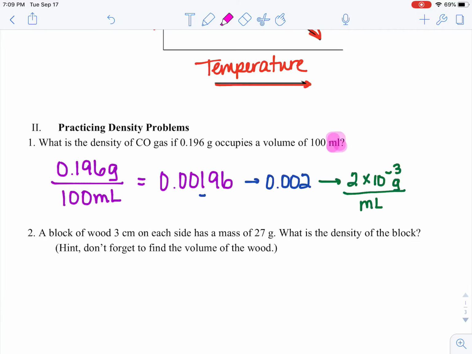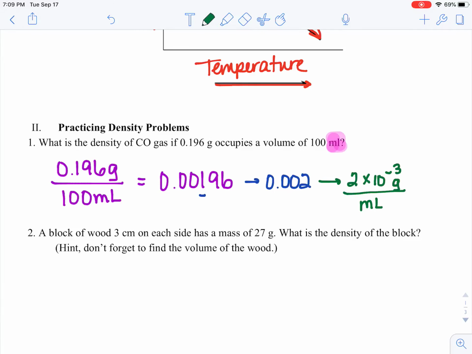In the first example, we can also use this to determine the density of an irregular solid. If I can't measure the length, the width, and the height of a solid because it doesn't have regular length, width, and height, I can use the method of displacement and assume that the volume that the water has changed equals the volume in milliliters of the irregular solid, much like what we did in our measurement lab with the marble.